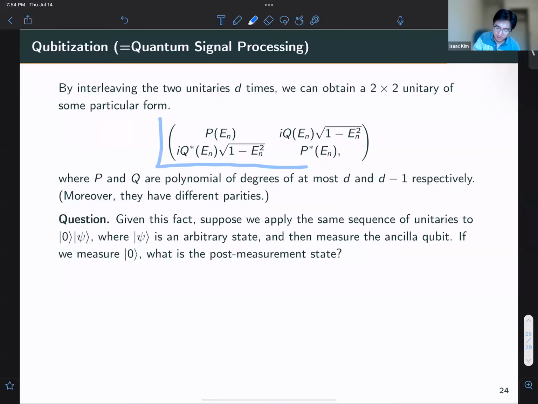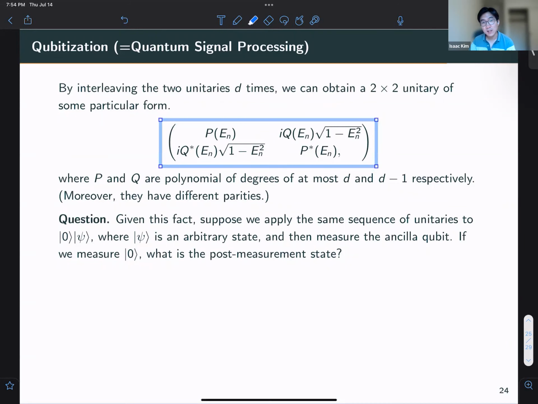So it still has to be a 2 by 2 matrix, and it has to be a function of the energy eigenvalue En, and it's of this form. So both P and Q are polynomials of certain degree, and this is the general expression.